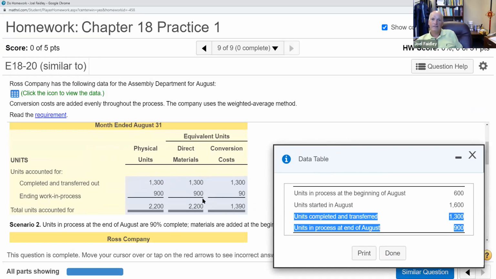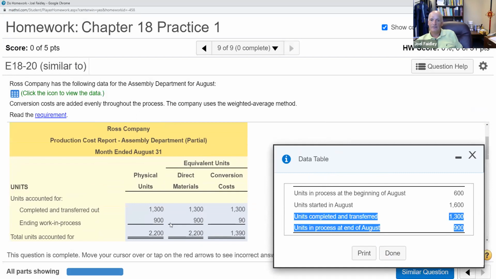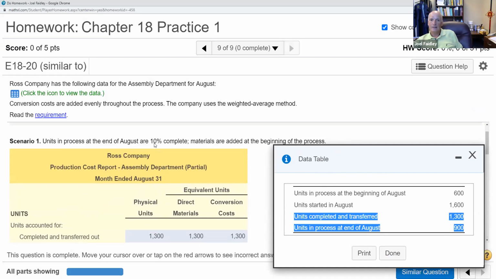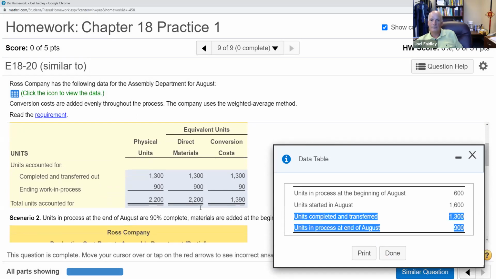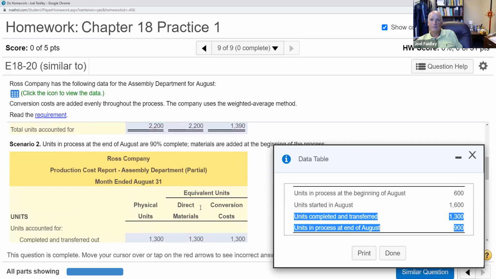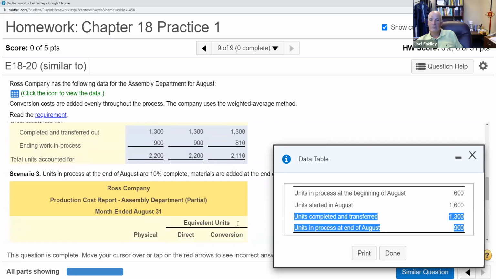It tells us that materials are added at the beginning, so that's got to be the same. And 10% complete, so that's 90. This will make more sense when we look at that self-assessment. Next one says they're 90% complete. So 90% of 900 is 810. All right, nothing else changed.